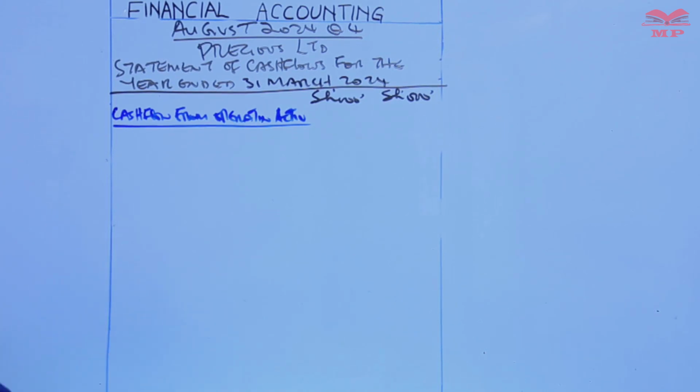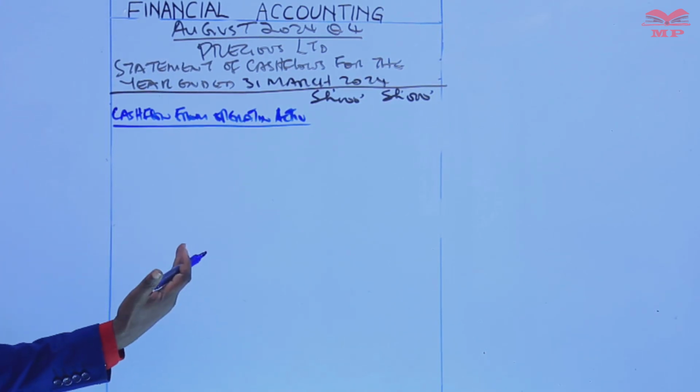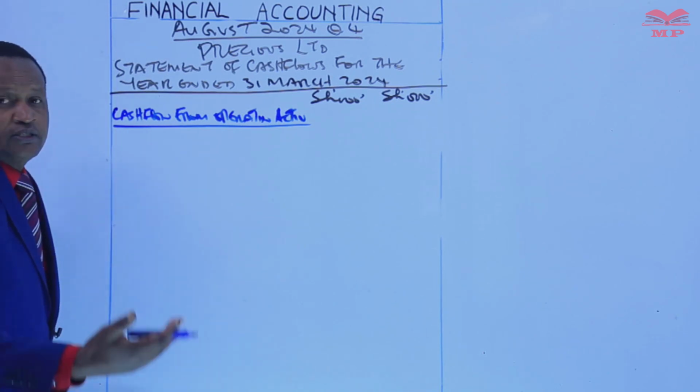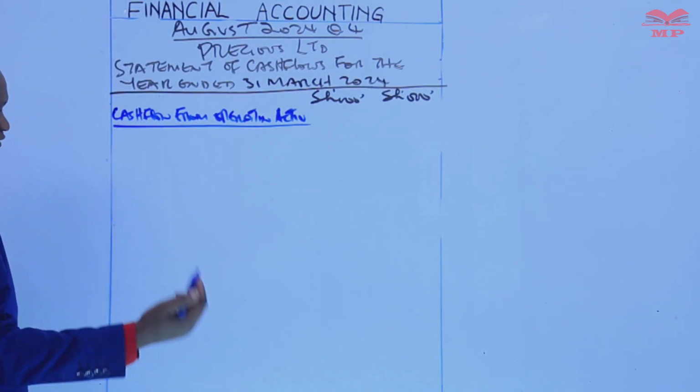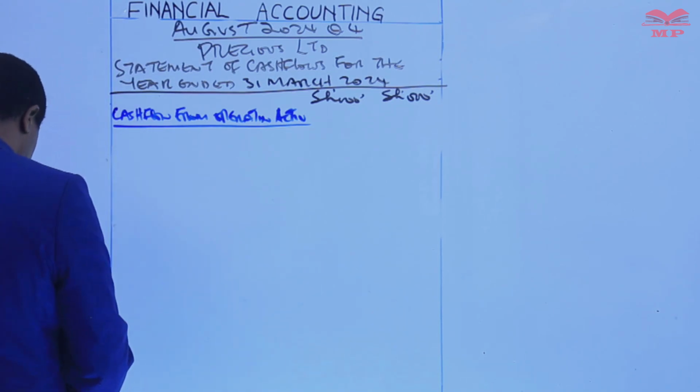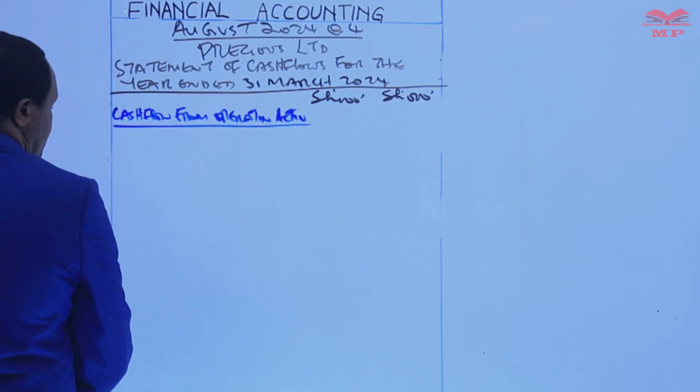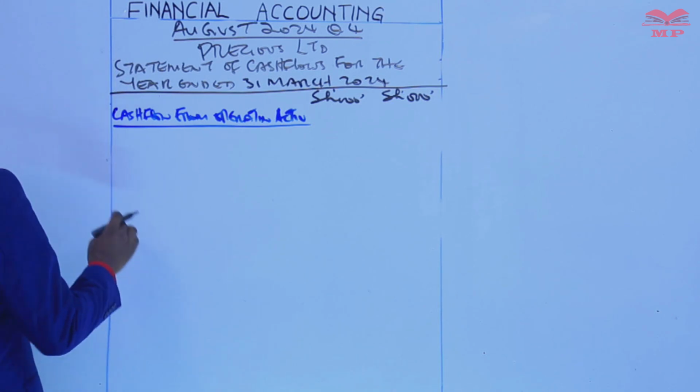Then we do the cash flow from investing activities, then cash flow from financing activities, in that order. Now, using the indirect method, we begin with the profit before tax.